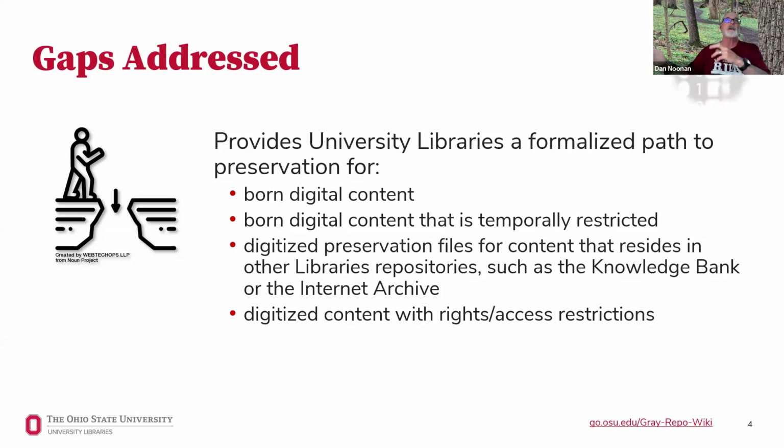So we do have a bit of fragmentation there, where some of our special collections stuff is actually in that repository, but their preservation files have existed on this SFTP server for the past 15 to 20 years. So we're finally sorting through that pile of stuff and getting the actual preservation files into the new repository. That's the second set of files that we're moving in there, while University Archives has begun to actively use this.